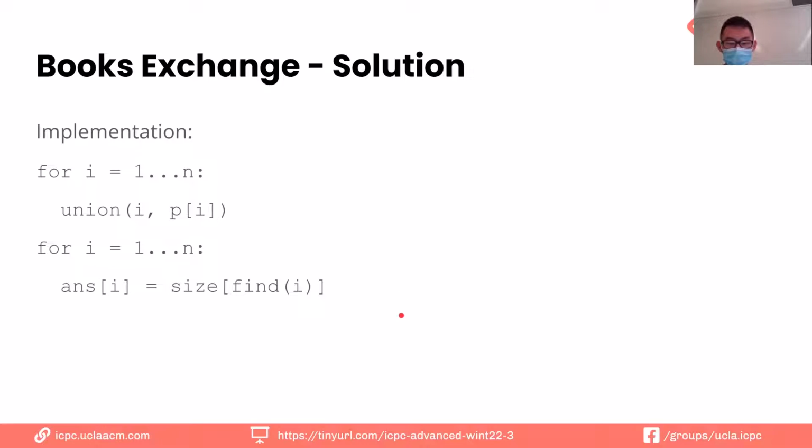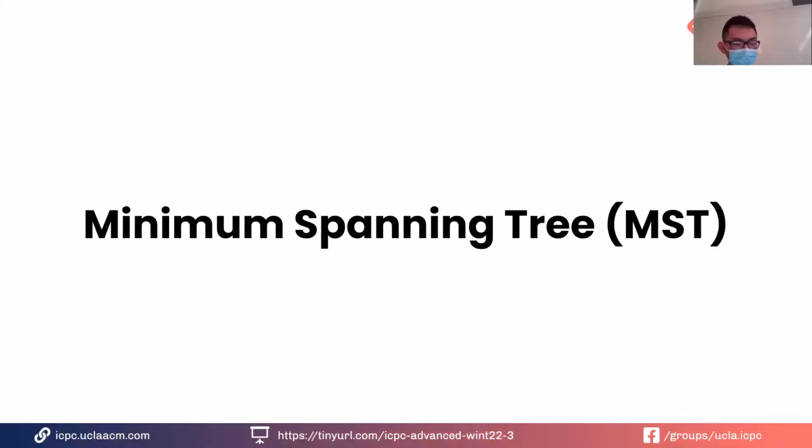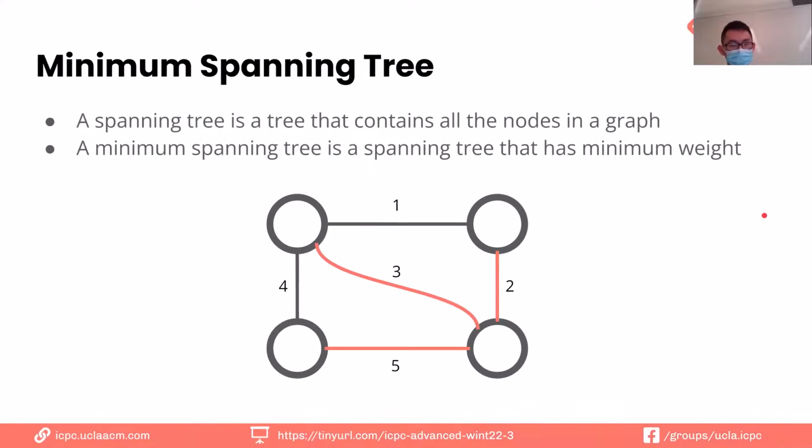Well, I'm not seeing any questions in chat, so I will continue then. So here is another application of DSU, which is the minimum spanning tree problem. The spanning tree means a tree that contains all the nodes in a graph. And a minimum spanning tree is a spanning tree that has the minimum weight.